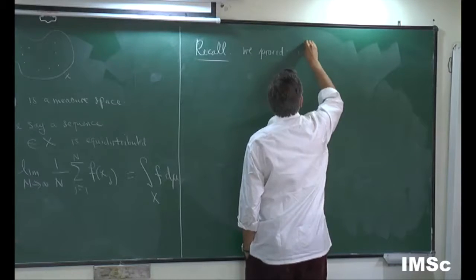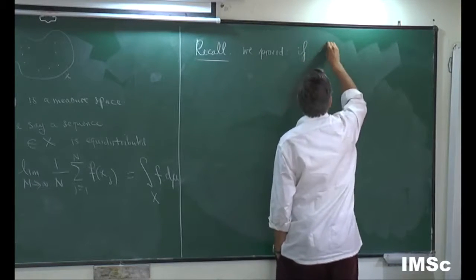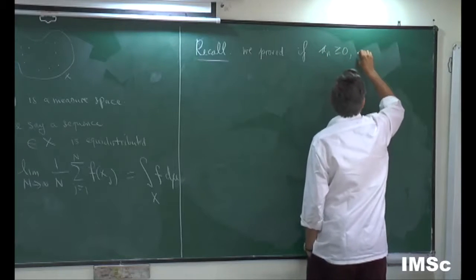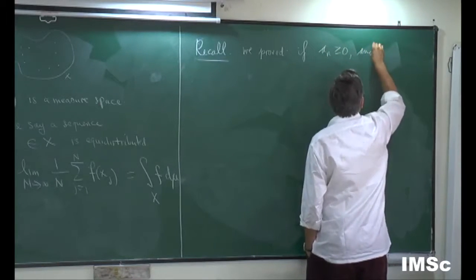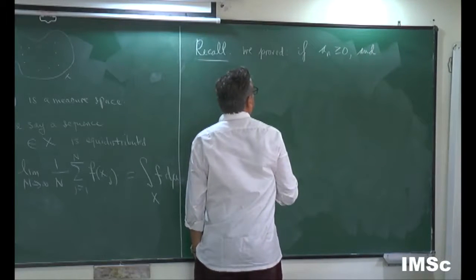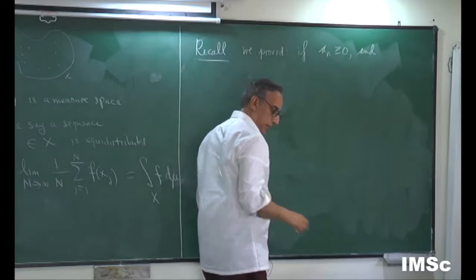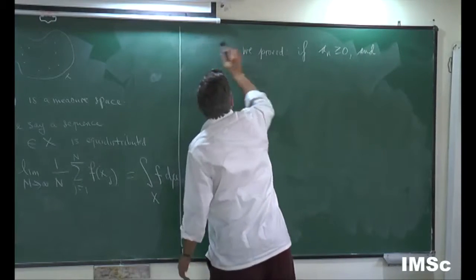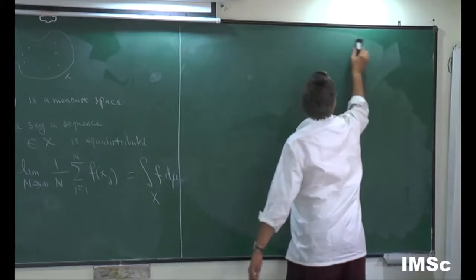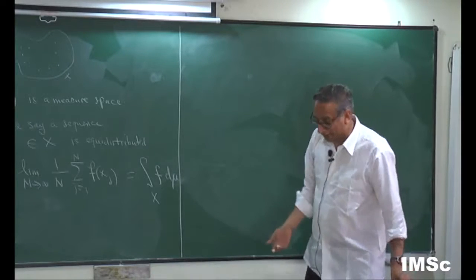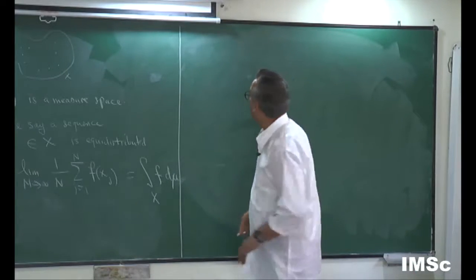If the a sub n's are non-negative, and, okay, if you don't mind, let me not do this. Well, recall the Tauberian theorem. Okay, so keep that in mind. I'm not going to state that.